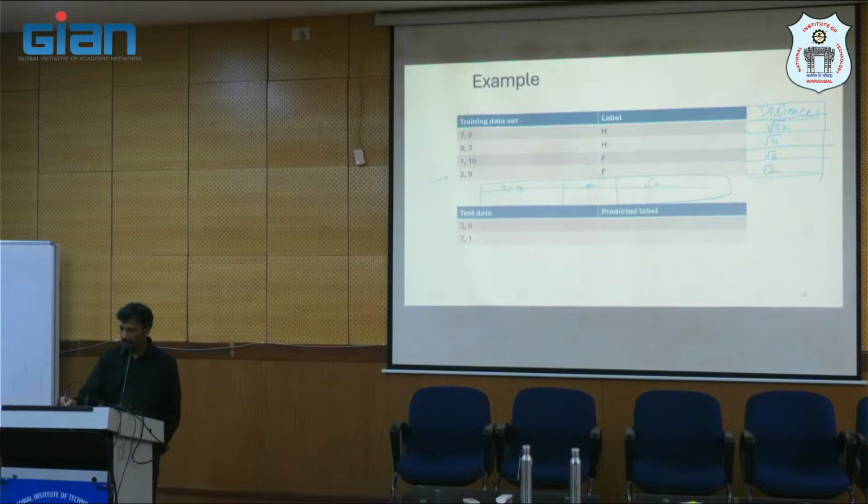The next row would be 1,10 faulty under root 8, like that. So you will see the table has got rearranged because you have sorted it. Then the label of the shortest distance training data point, faulty, will be assigned to the test data point.